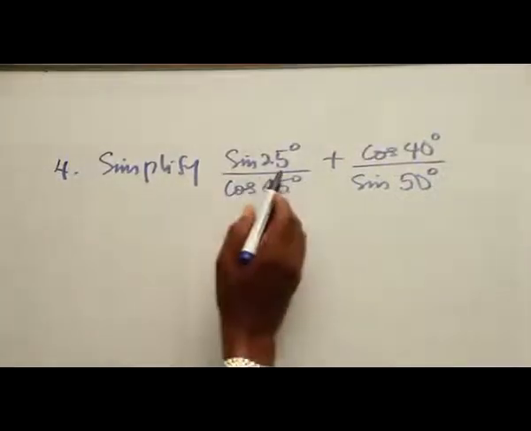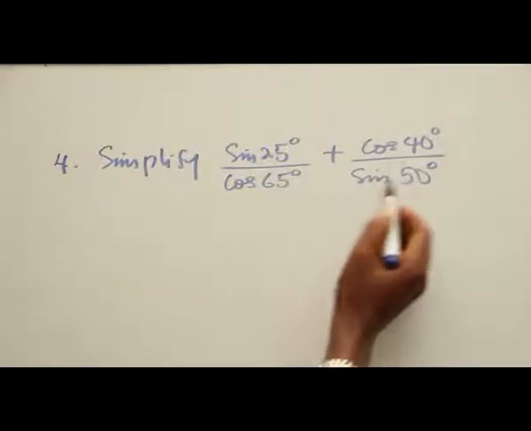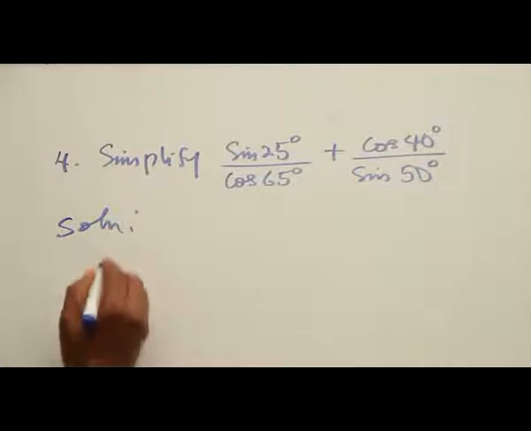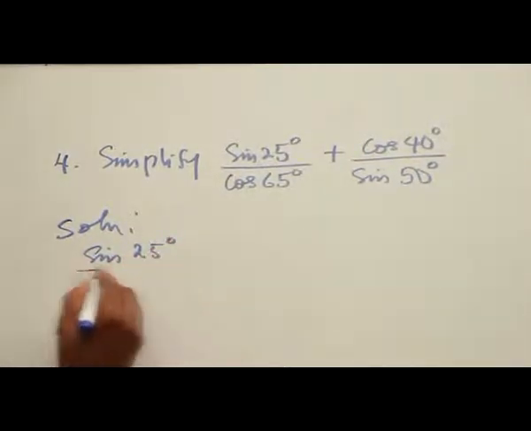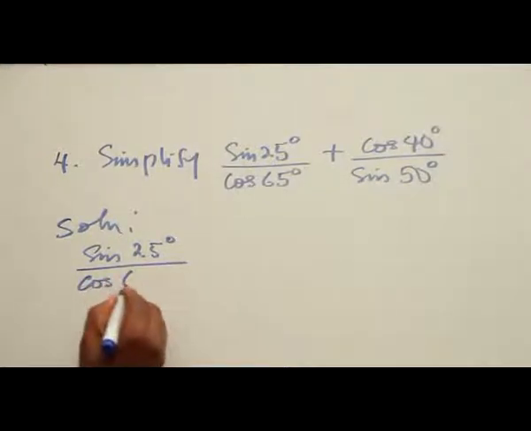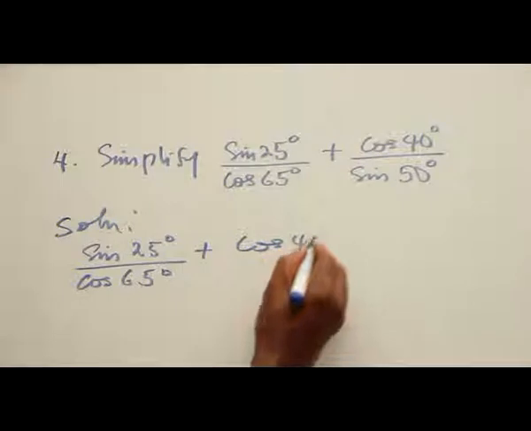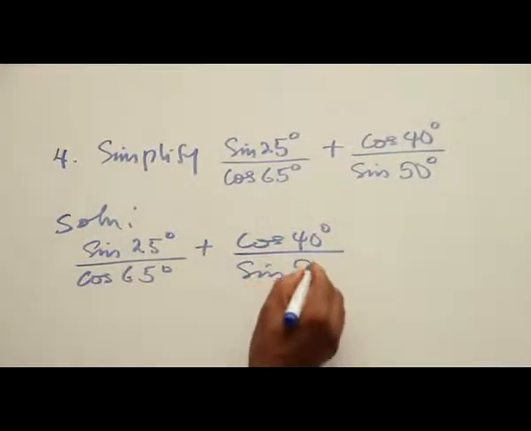4. Simplify sin 25 degrees over cos 65 degrees plus cos 40 degrees over sin 50 degrees. Our solution, you have here that sin 25 degrees all over cos 65 degrees plus cos 40 degrees all over sin 50 degrees.